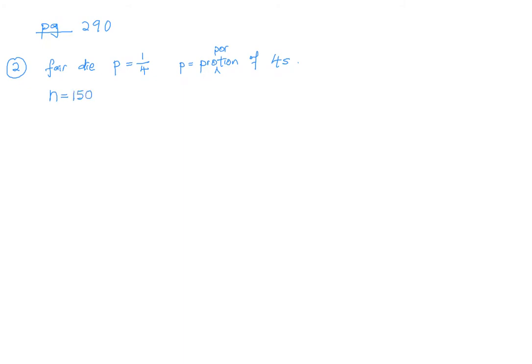Okay, so what is the value of X? If it's a fair die, shouldn't the P be 1/6? Sorry, 1/6. Thank you. Okay, what is the X? 42. Okay.